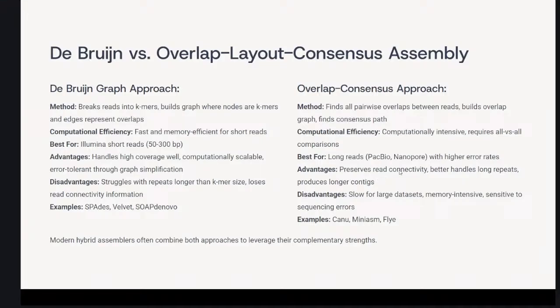Then advantages: it preserves the read connectivity. It handles longer reads and longer repeats better, and it produces longer contigs, so your assembly will be more contiguous and less fragmented in comparison to de Bruijn. Then disadvantages: it is slower on larger data sets, it is also memory intensive, and it is sensitive to sequencing errors.